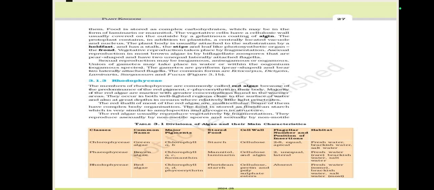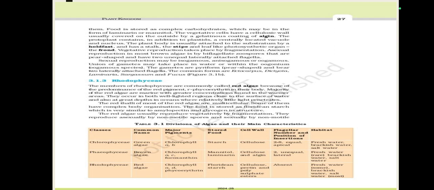Vegetative reproduction takes place by fragmentation. Asexual reproduction in most brown algae is by flagellate zoospores that are pear shaped and have two unequal laterally attached flagella. Sexual reproduction may be isogamous, anisogamous, or oogamous.